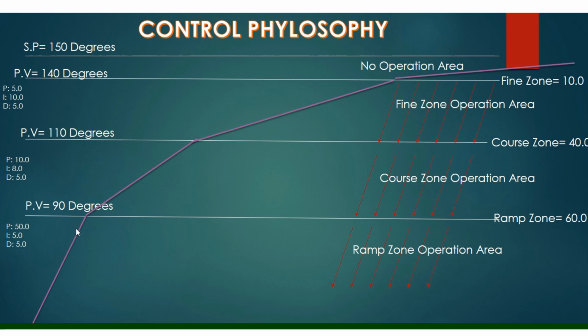When you cross 90 degrees, that means once you cross the 60 degrees difference and your temperature rises above 90 degrees, your coarse zone operation will start, and the P gain, I gain and D gain values will be applied.